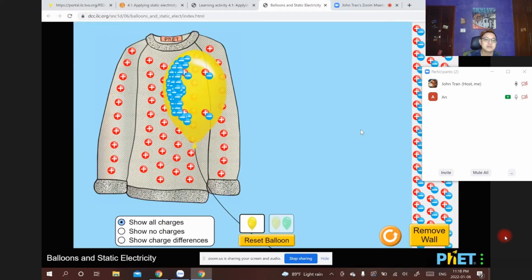It's weird. Sometimes this illustration doesn't work. And you know what? Let's just move on. Sometimes the illustration doesn't work.